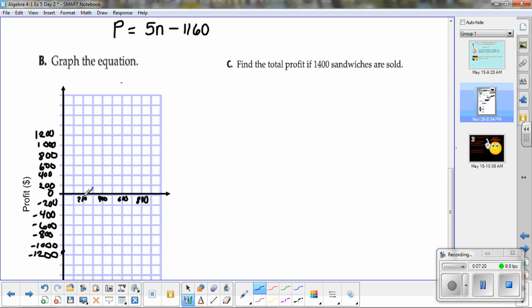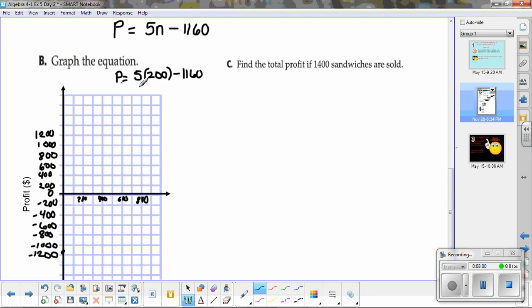Like, let's go ahead and plug in 200 sandwiches. If I do that, it's going to be 5 times 200 sandwiches minus $1,160. So 5 times 200, that's going to be 1,000 minus 1,160.